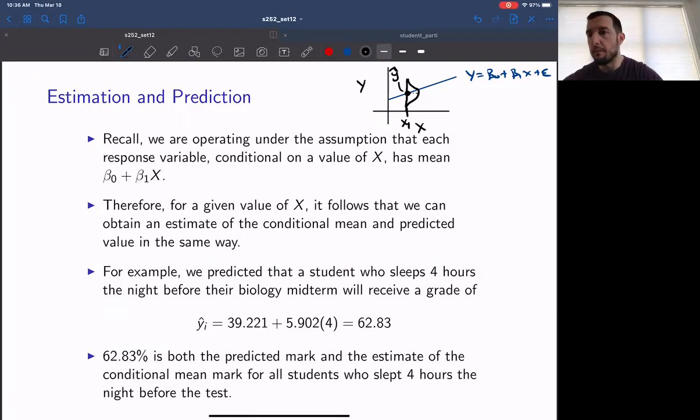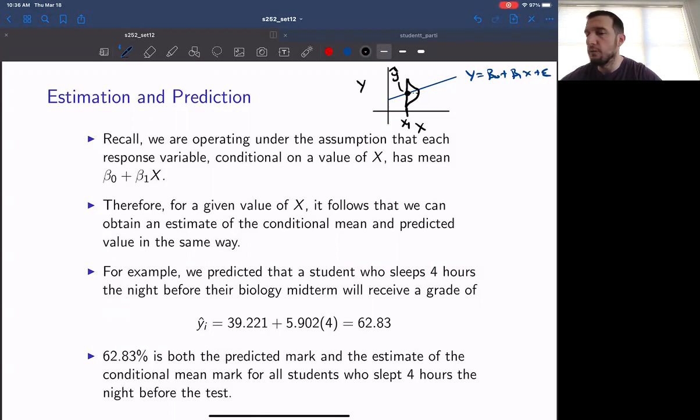Given what we know about the assumptions of the SLR model, when we plug 4 into the regression line, we are also estimating the mean of the normal distribution that I sketched above to be 62.83%.